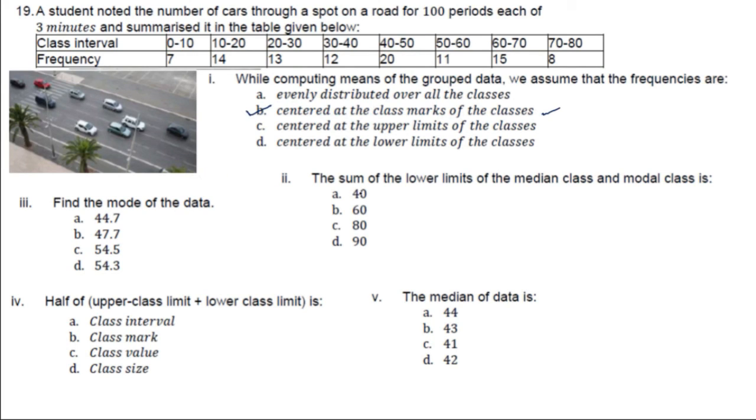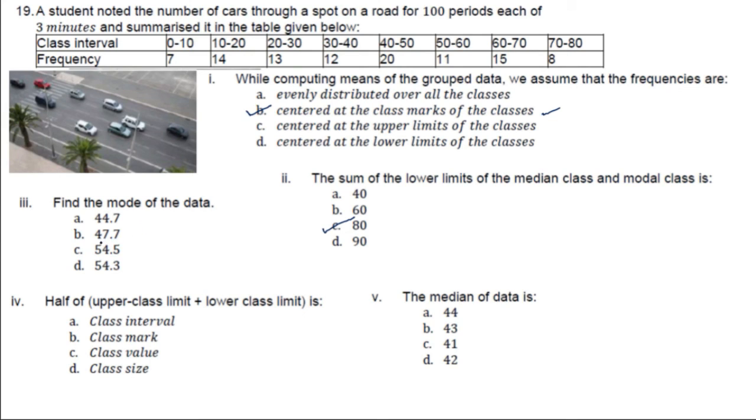Second sub-question is the sum of lower limits of median class and the modal class is. Here a median class and the modal class, if you consider, it will be 40 plus 40, which is 80. Find the mode of the given data. You have to use the formula and find the mode of the data.